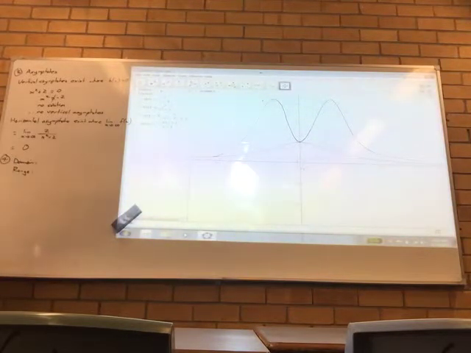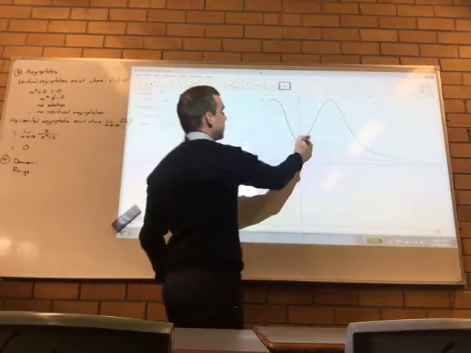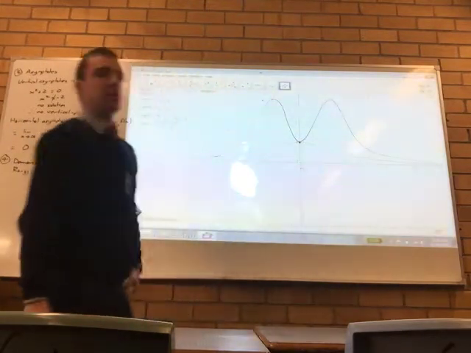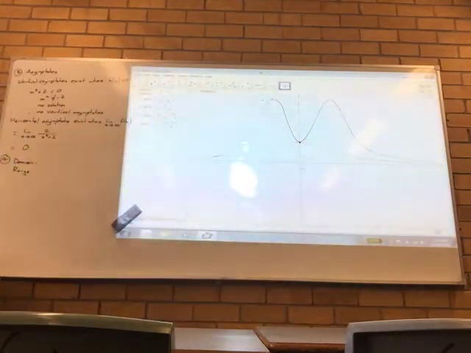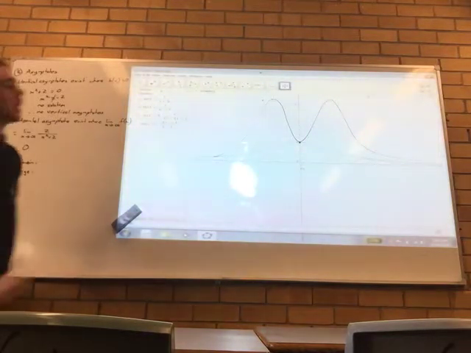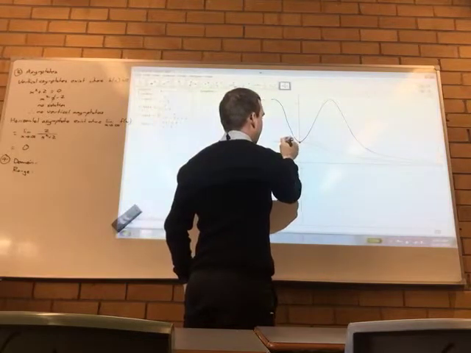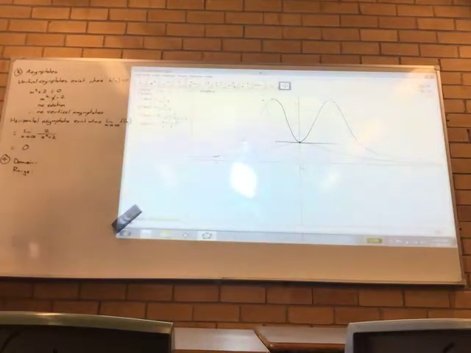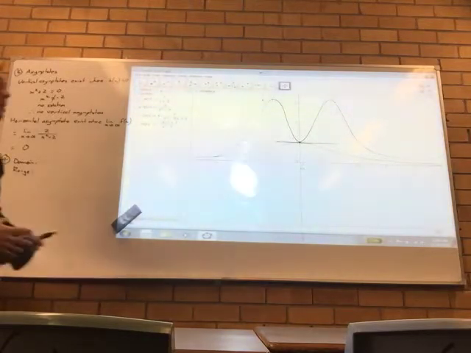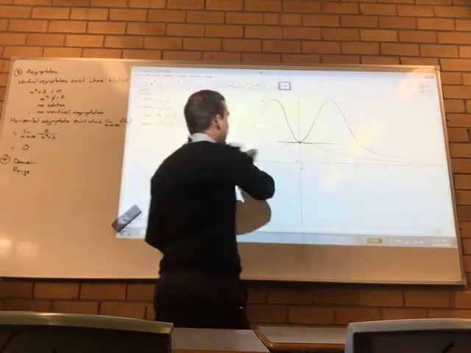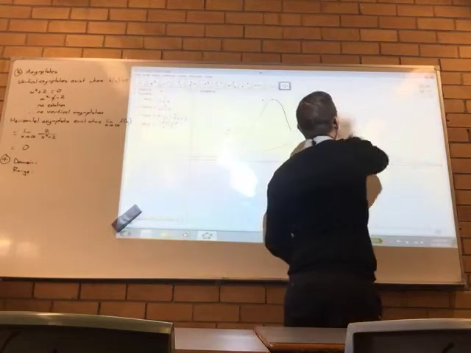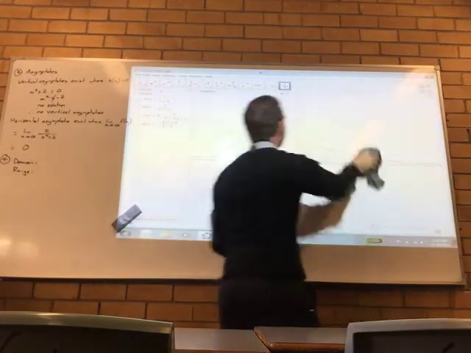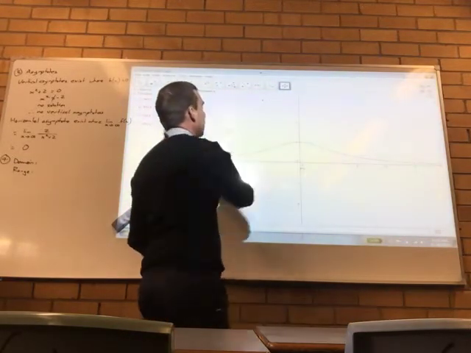Because what calculus will allow us to do is determine the coordinate of where the turning point exists on the curves, because at this point the gradient of the tangent is 0. We've learned skills to be able to find the gradient of the tangent, so when we set it at 0, we'll be able to go backwards and find the values of the coordinates.